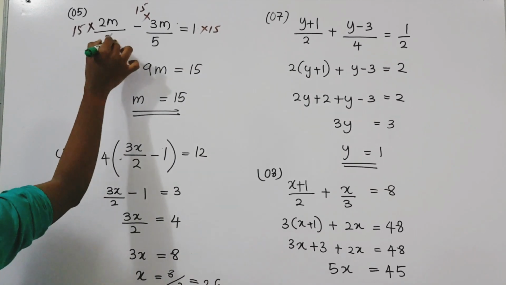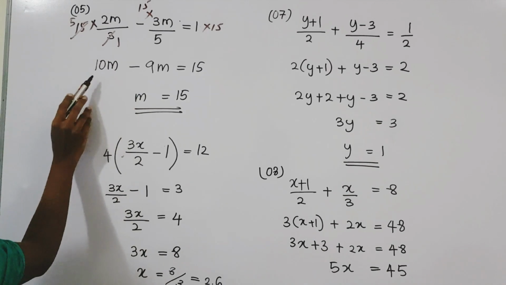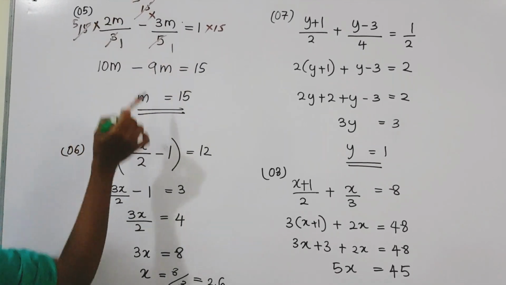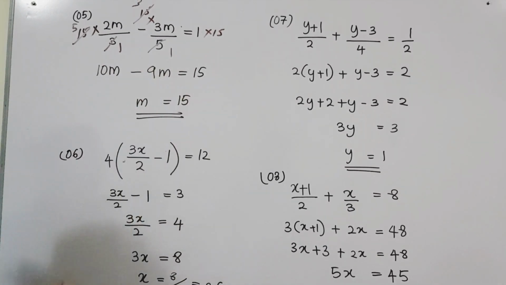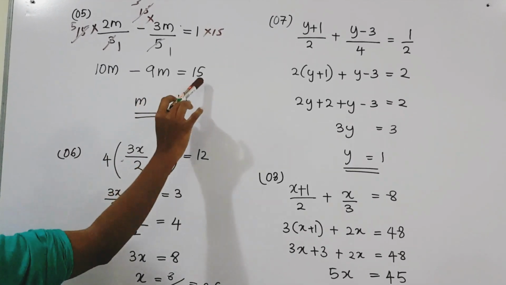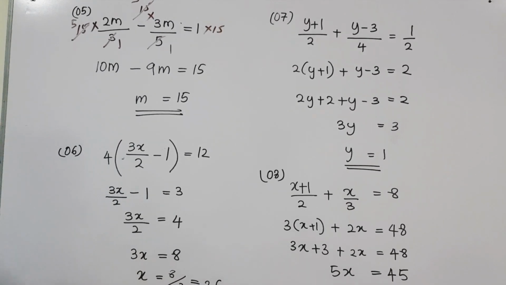So 3 times 1, 3 times 5. So 5 into 2m is 10m. 5 times 1, 5 times 3. So 3 into 3m is 9m is equal to 15. So 10m minus 9m is equal to 15. Therefore, m is equal to 15.